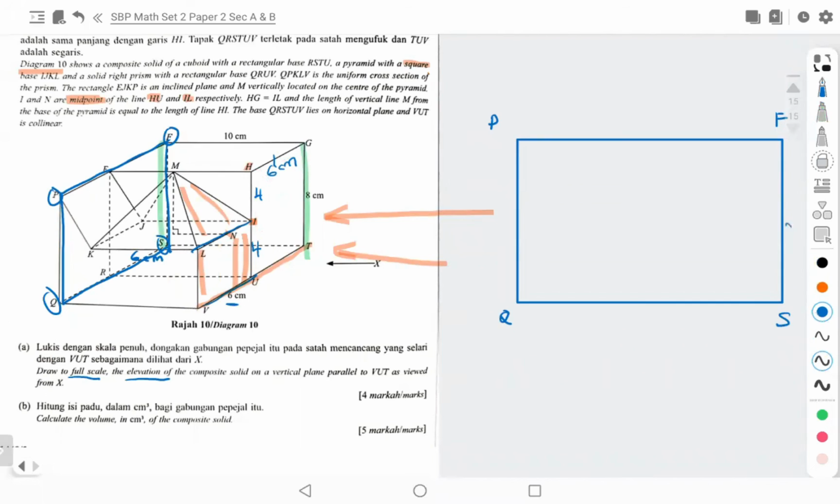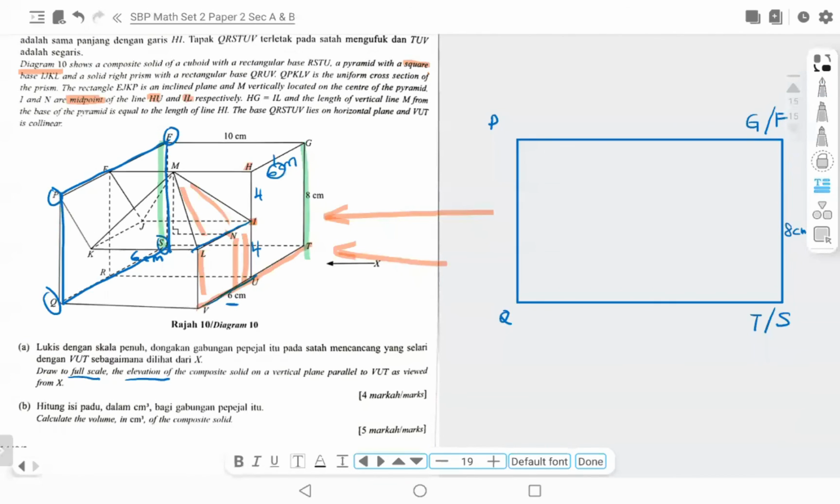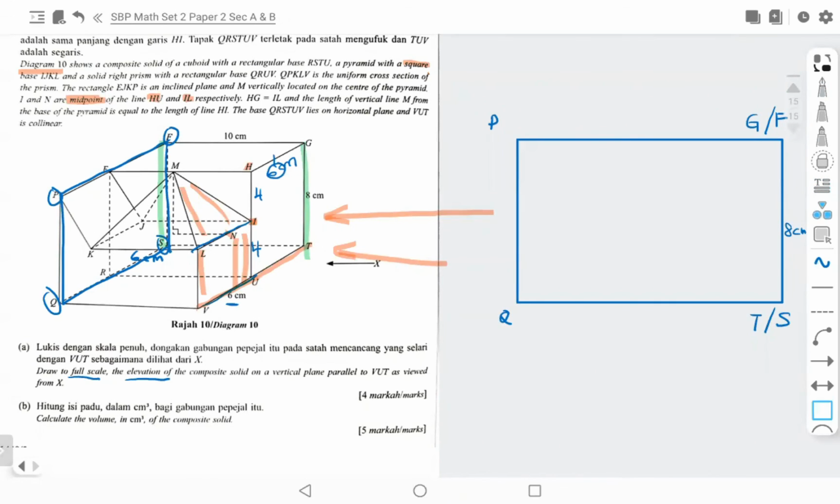So here 8 cm, you label here GT. Then you measure 6 cm here, then you draw a rectangular shape. Make sure it's 6 cm. Draw to full scale. Mine is only sketching.